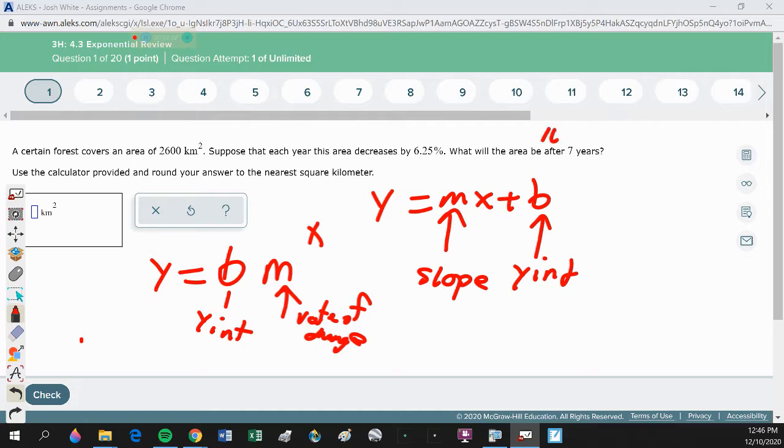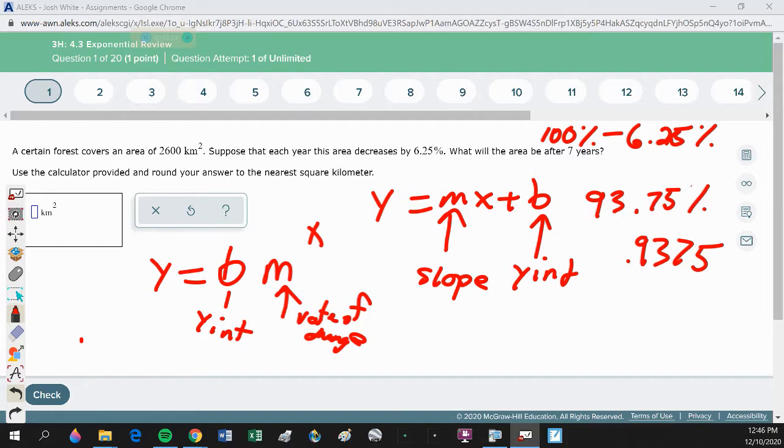So you take 100% and you subtract 6.25%, and I get 93.75%. As a decimal, that is 0.9375. Does everybody understand that?